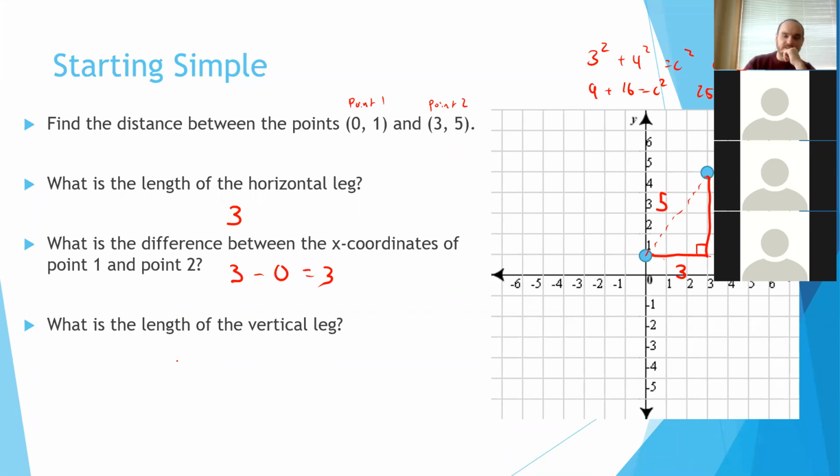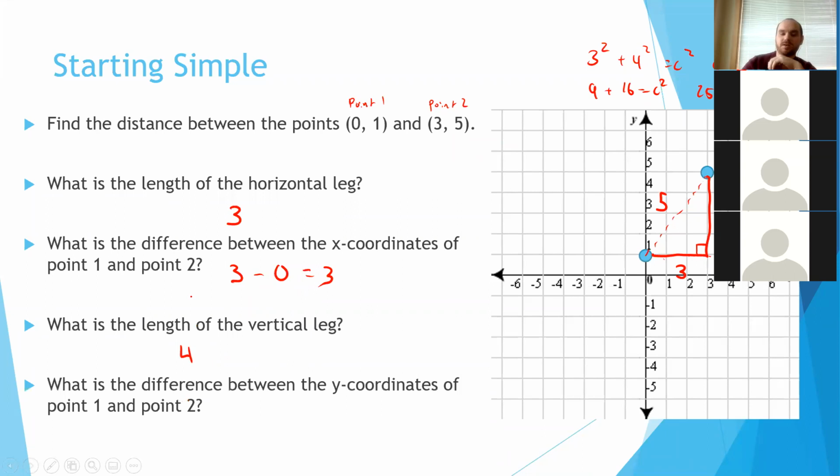It's all right, Asa. No worries. 4. It is 4, right? What is the difference between the y-coordinates of point 1 and point 2? This time I'm not going to spoil it for you. There's 1 point in between.